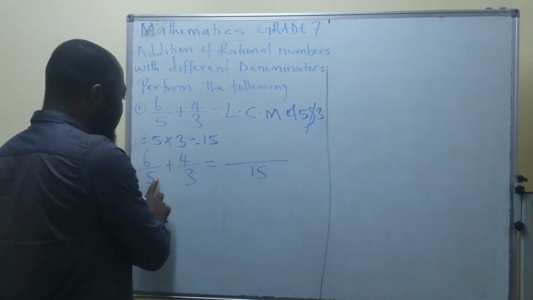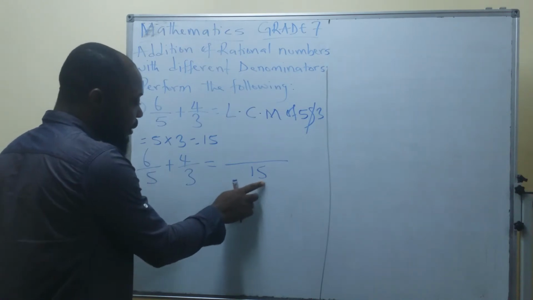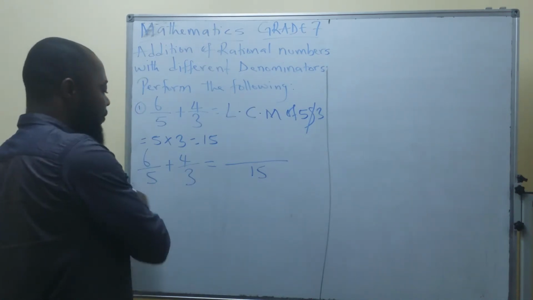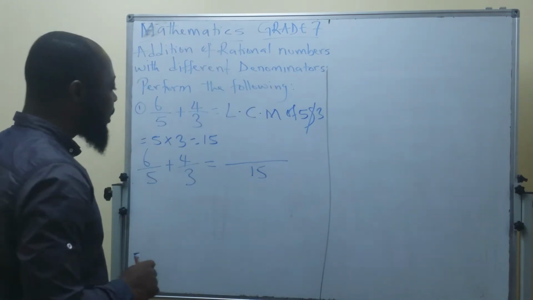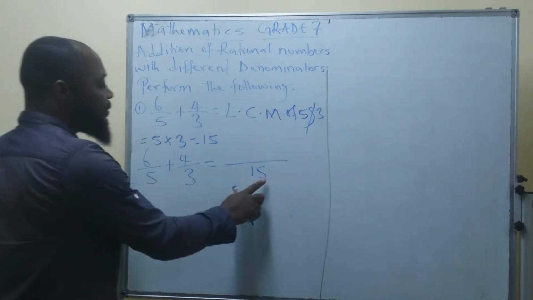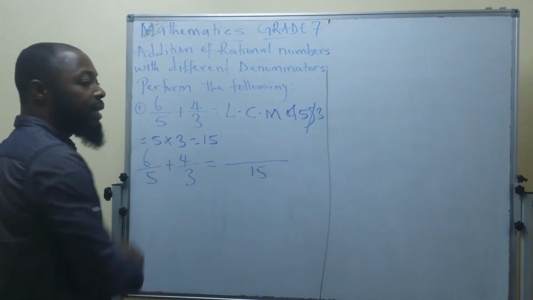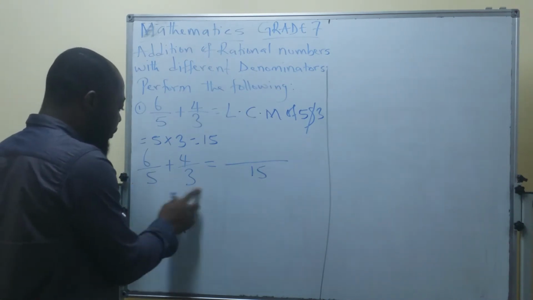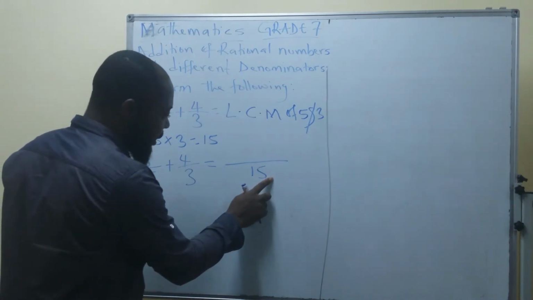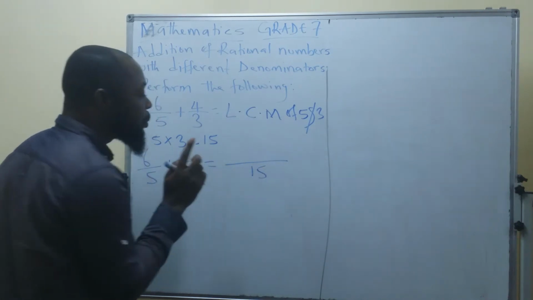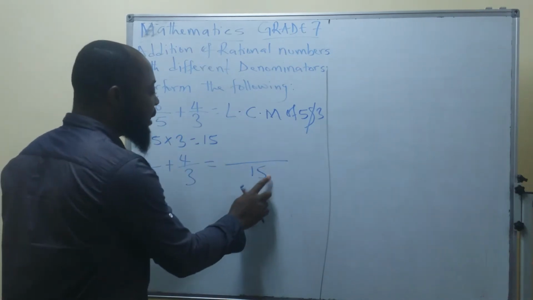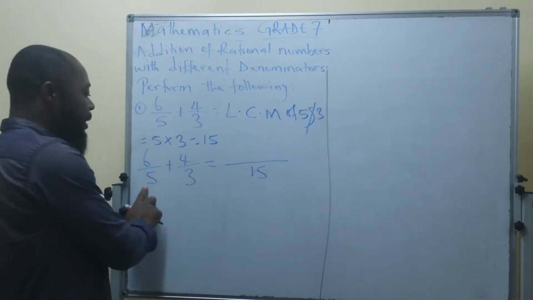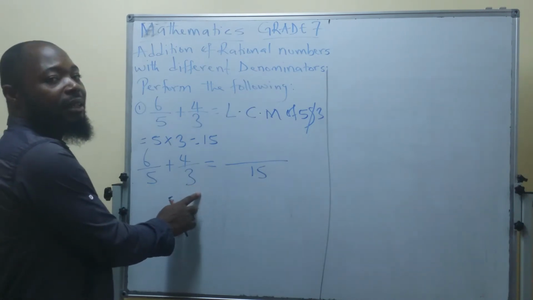So we start to divide this one, this number 15, by this 5. Okay. When you come to this division, we say 15 divided by 5. Okay. Since you multiply these two numbers to have your LCM here, so you should know that if you divide this 15 by this number, your answer is this one.